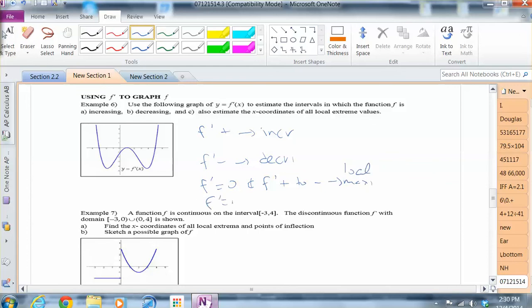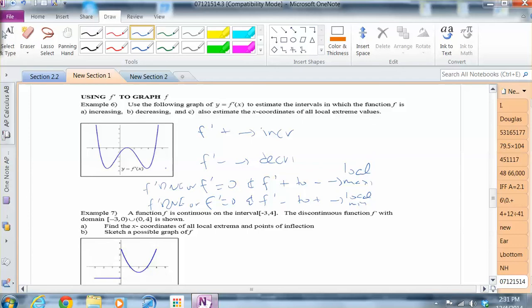If your f prime is 0 and f prime changes from negative to positive, you're going to have yourself a local min. And in addition to that, if f prime does not exist, that could also happen too. But we see that not happening here because it looks like all the f prime values exist for this graph.